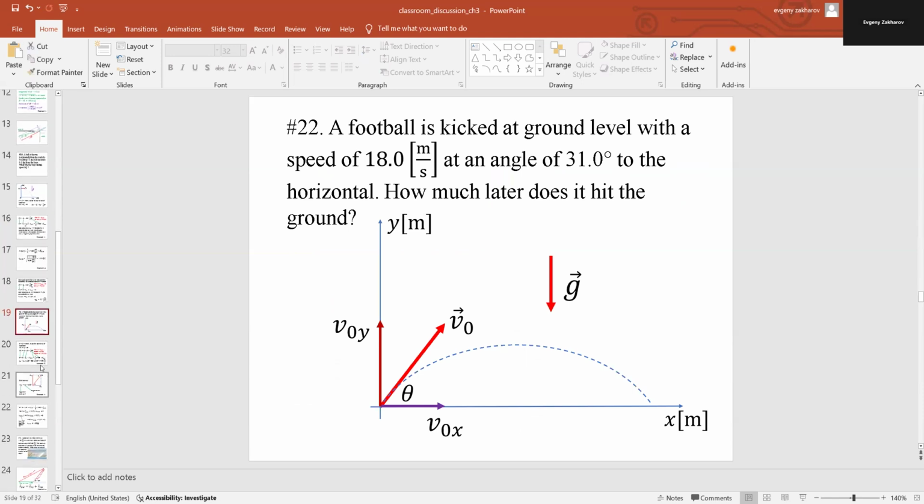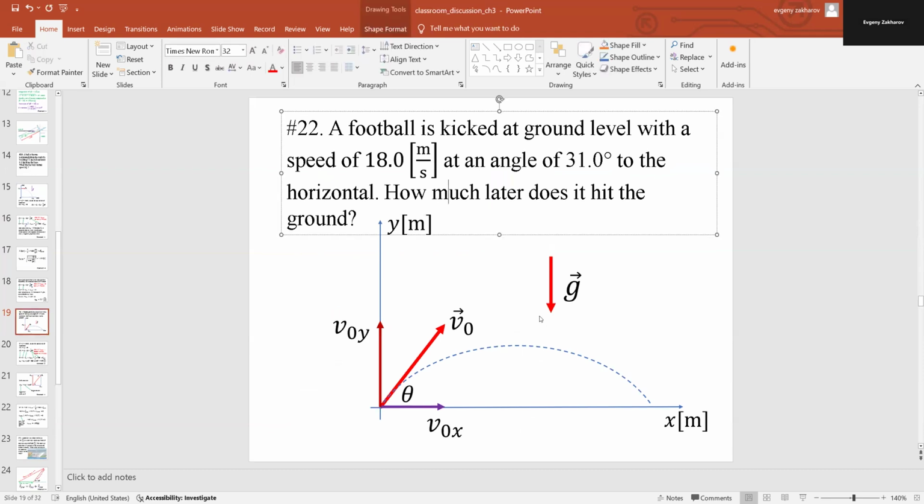I think it's the last one for today. So one last push, number 22. This is your general scenario for any kind of projectile motion.